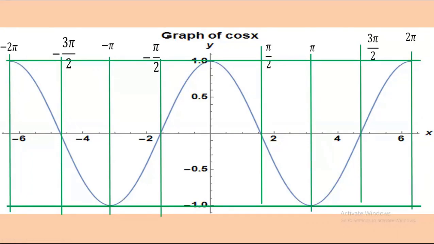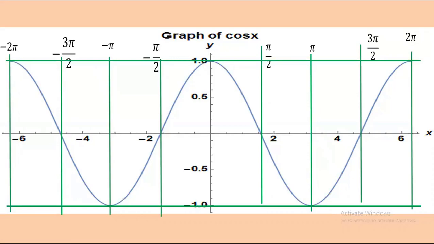When x is an even multiple of 90, cosine is either maximum or minimum. When x is an odd multiple of pi by 2, cosine is 0.